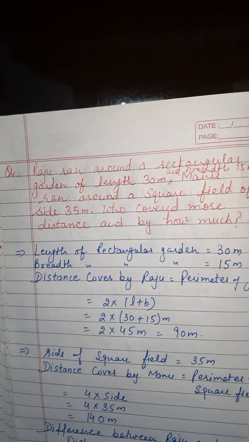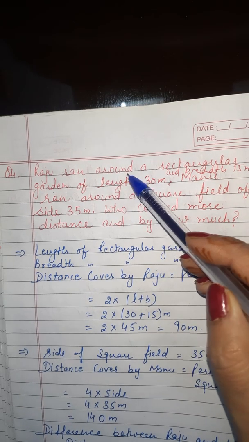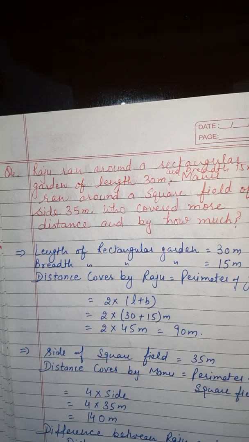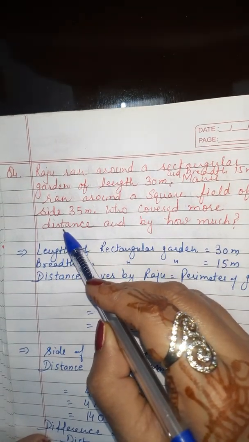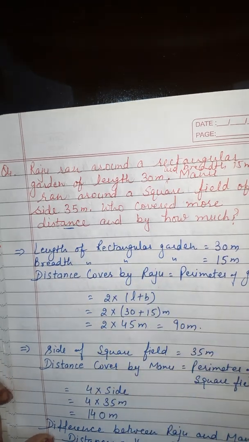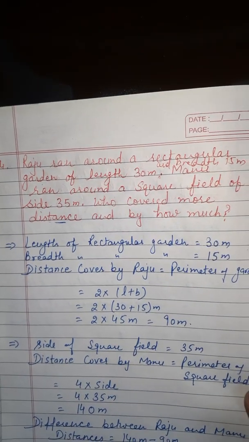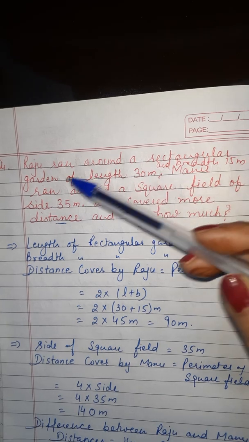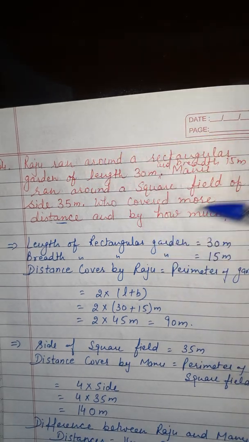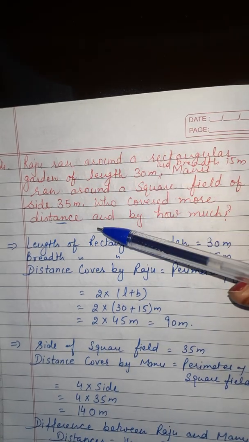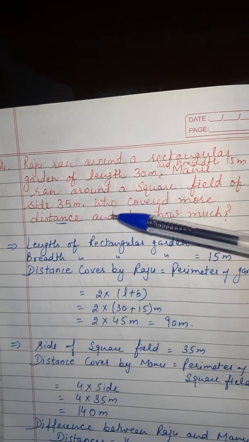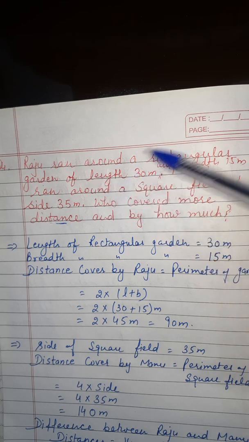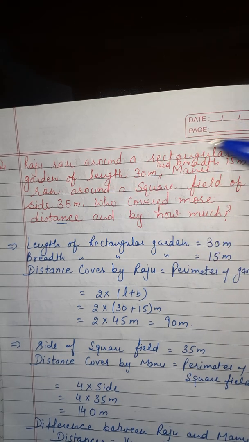Again, around means outside the garden, and you have to calculate the distance. First we will find the distance covered by Raju, and then the distance covered by Manu.